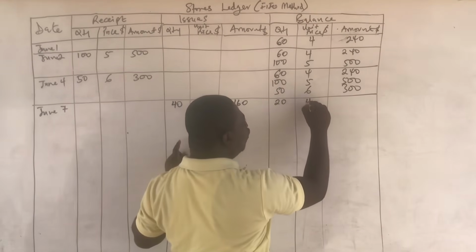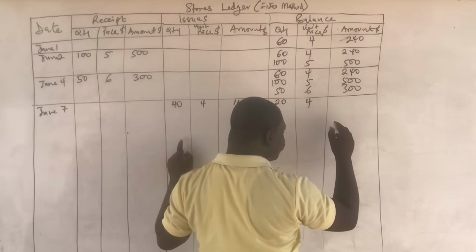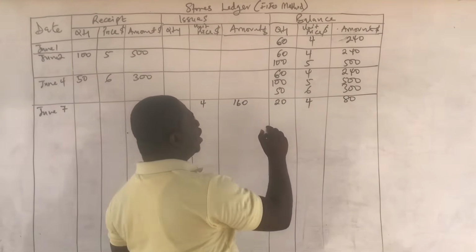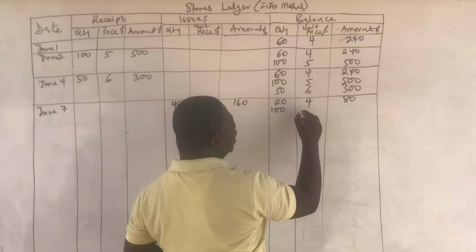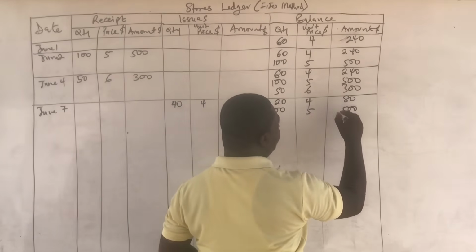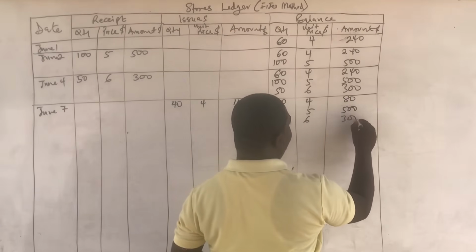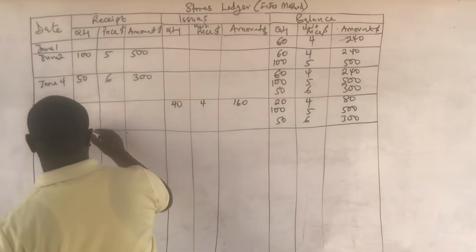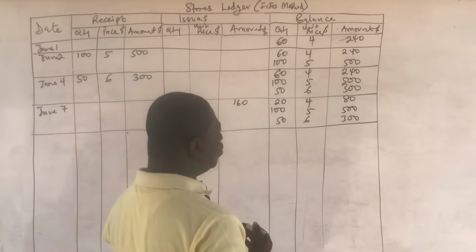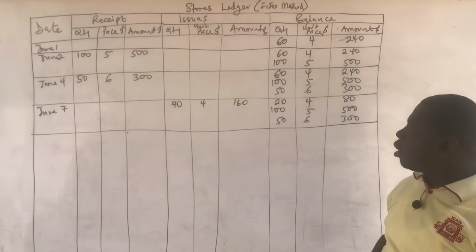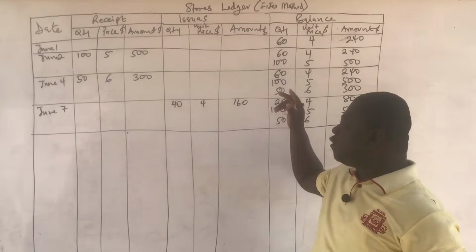So 20 at 4 is going to give me 80. Okay, and then I'll repeat the other ones. 100 at 5 was not touched, so it will be maintained. 50 at 6 was also not touched. 300 will also be maintained. Then I can underline my ledger or my entry. So this is how to go about the issue. First in, first out.